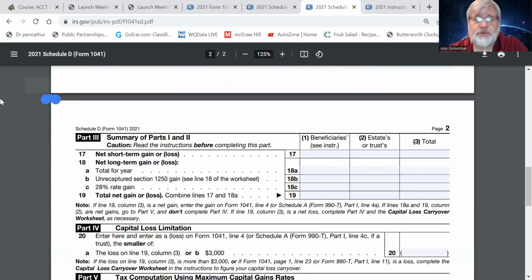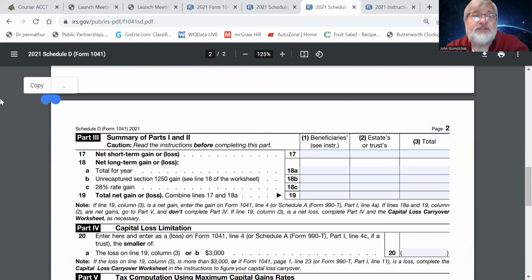Let's go to page 2 where the fun starts. Summary of Parts 1 and 2. Short-term gain or loss, line 17. We have column 1, beneficiary, column 2, estate or trust, column 3 is total. So if we had a short-term gain or loss, we would put that on line 17.